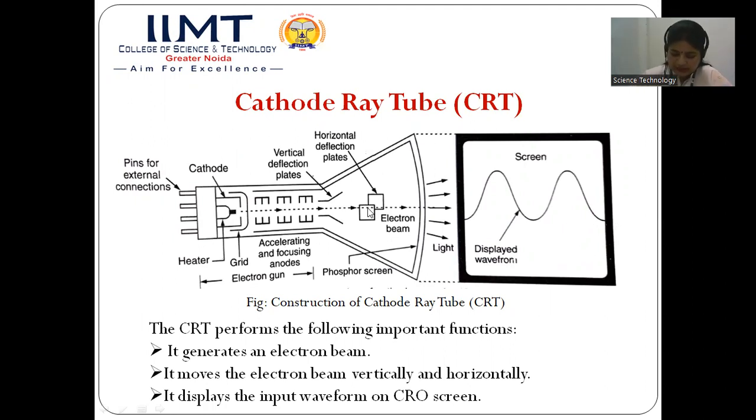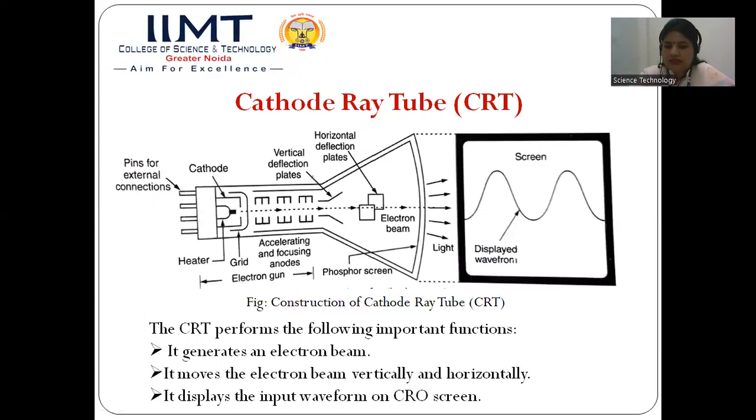The internally generated sawtooth wave is applied to the horizontal deflection plate, which deflects the beam in the x direction, and the signal which is to be displayed on the screen, the input signal, is applied to the vertical deflection plate, and it deflects the beam in the y direction.